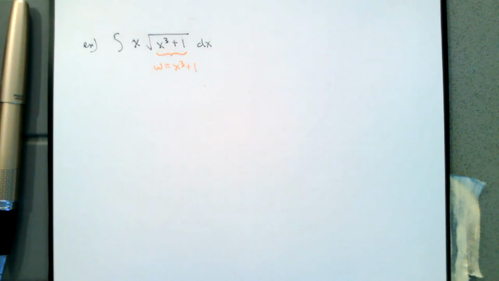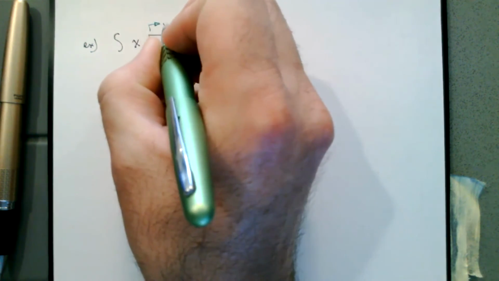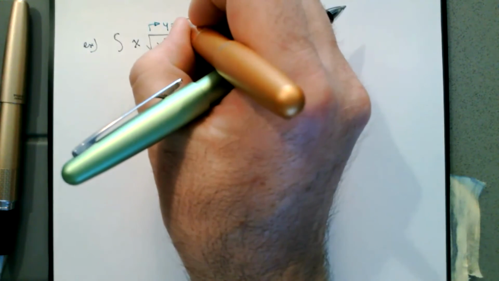Then before we start moving on to the derivative of the inside and all that nonsense, we say, okay, if w is x cubed plus 1, if that's my inside function, what is it plugged into? At which point you say y is the square root of w. That's the thing that we're actually going to be integrating.